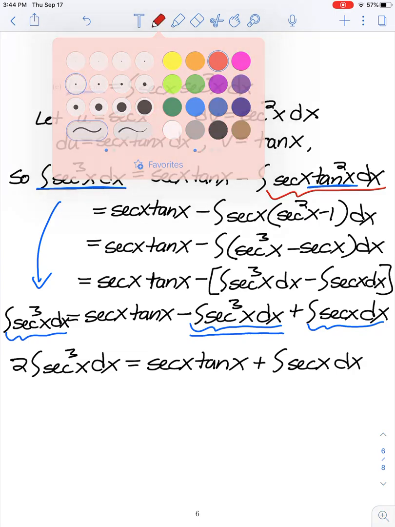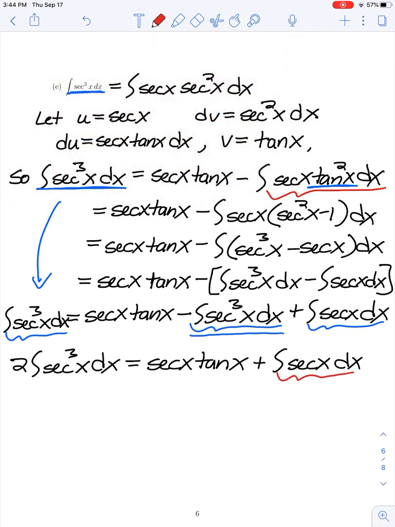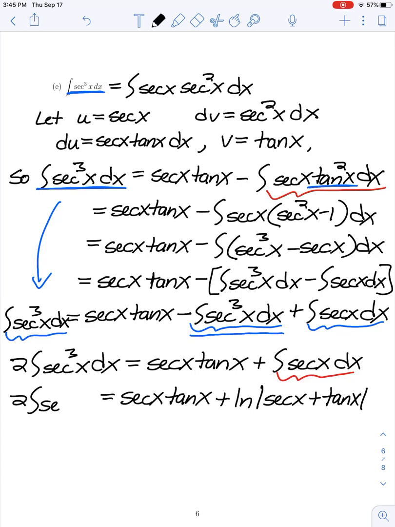But I know how to integrate secant x dx. It's given by the natural log of the absolute value of secant x plus tangent x. And on this left-hand side, I still have twice the integral of my secant x cubed dx.